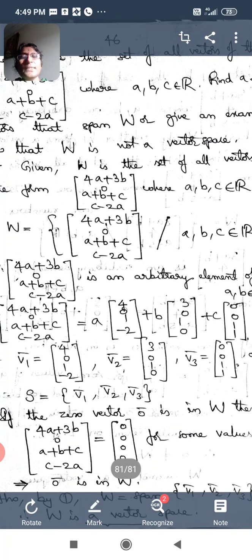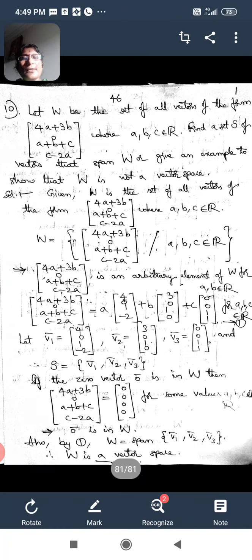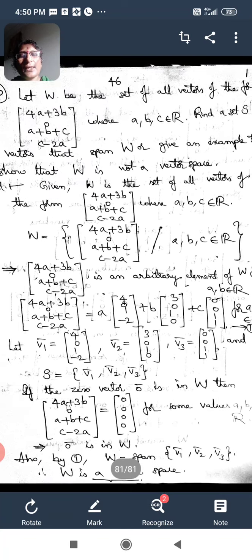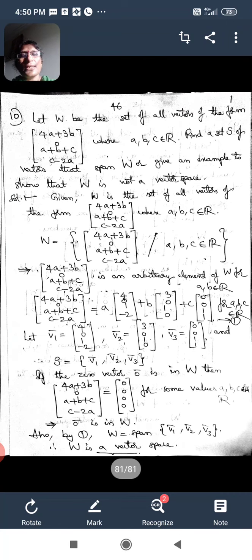Hence W is spanned by the vectors V1, V2, V3, or we can say that W is equal to span of V1, V2, V3, or simply span S. Further, we have seen that the 0 bar is also in W. So by all this we can say that W is a vector space.